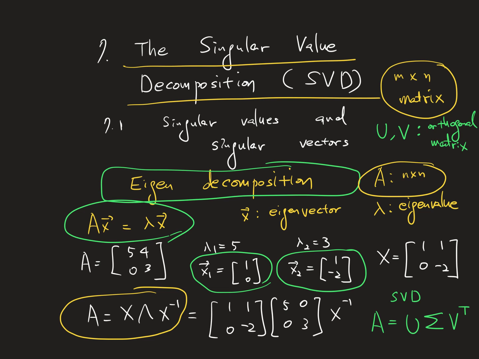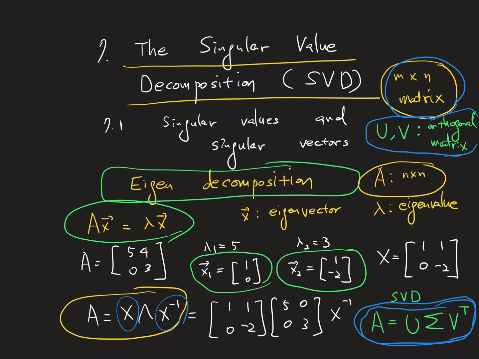But for SVD, there are two matrices, U and V, and they are orthogonal. They're not in an inverse relationship like X and X inverse; U and V are totally different matrices. So singular value decomposition is possible for every matrix, and U and V are different orthogonal matrices.